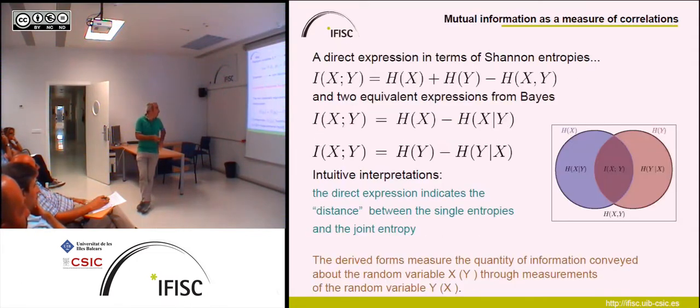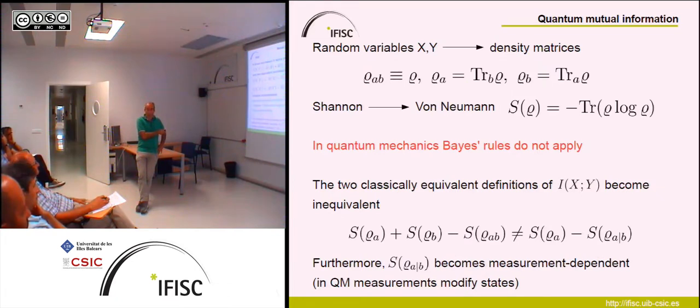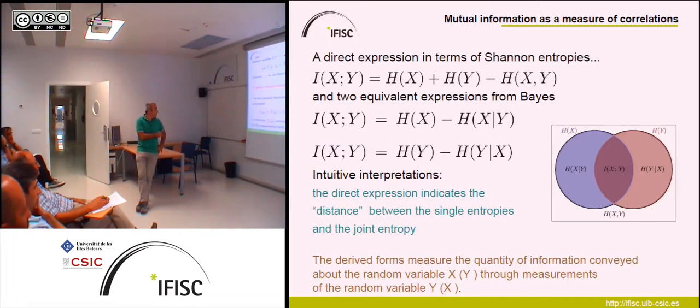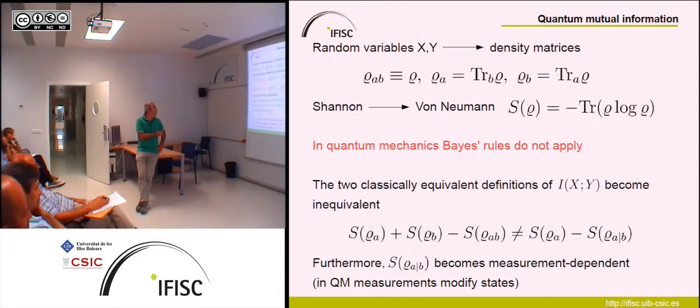We find, for instance, if we change the Shannon entropies with the von Neumann entropies, we obtain this relation between S of rho A plus S of rho B minus the total entropy. And if we take one of the other ones, we obtain another quantity, which is the difference between the entropy of one party minus the conditional entropy. Now, these are different, and furthermore, this quantity depends on the specific measurement you realize on the party B.